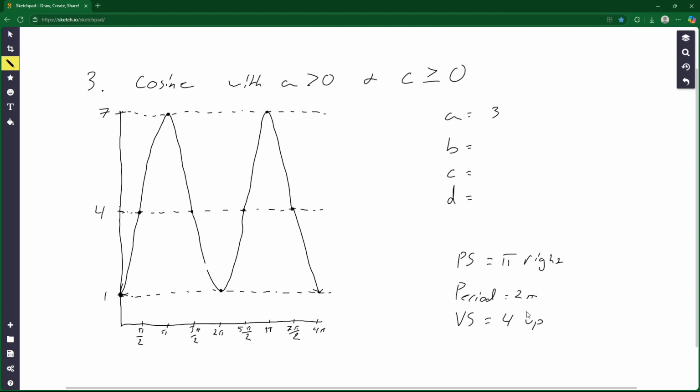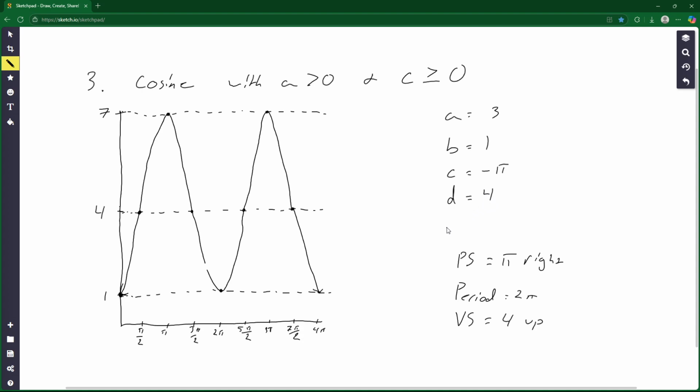Period is 2 pi, so that means b is going to equal 1. And since it's pi to the right, c is going to equal negative pi. And because our vertical shift is 4 up, because of this 0 line here, d is going to equal 4.